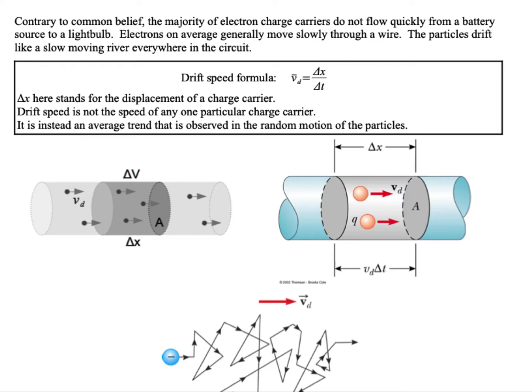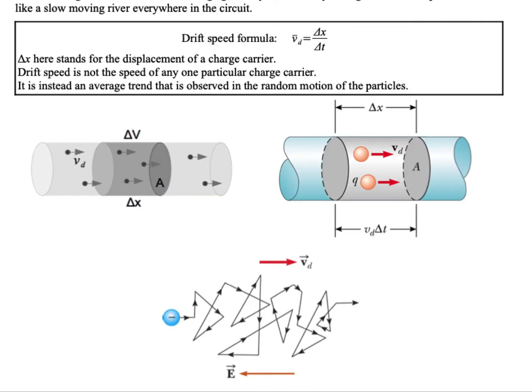It is instead an average trend that is observed in the random motion of particles. The picture below shows an electron drifting against the electric field. Even though its instantaneous speed may be very fast, on the order of 1,000,000 meters per second, the drift speed is quite slow.